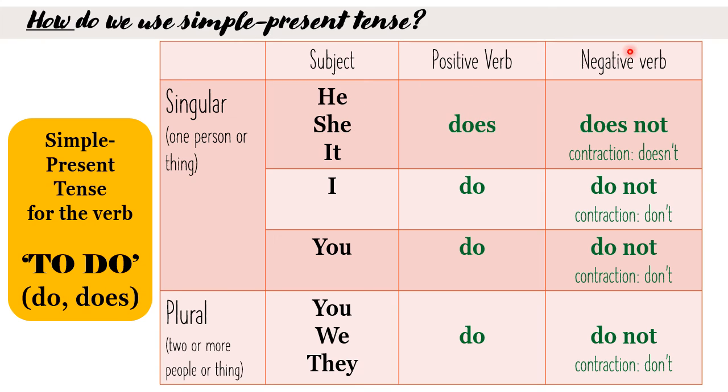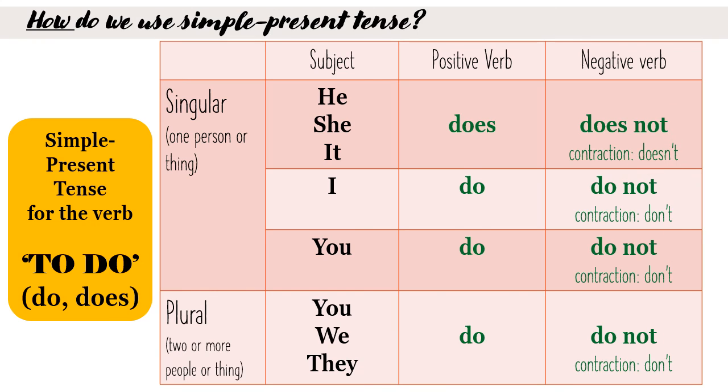But if they don't, so he, she, it does not. Okay, doesn't is the contraction, the short form. I do. I do not. You do. You do not. You, we, they do or do not. Okay. And the contraction is don't, and doesn't. Okay. So for the contraction, remember where you put the apostrophe.